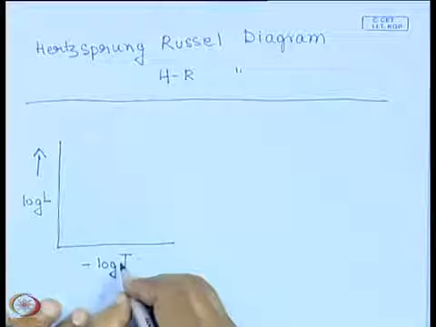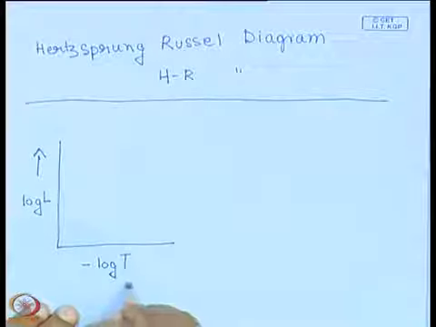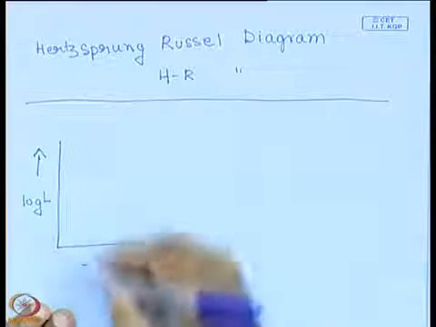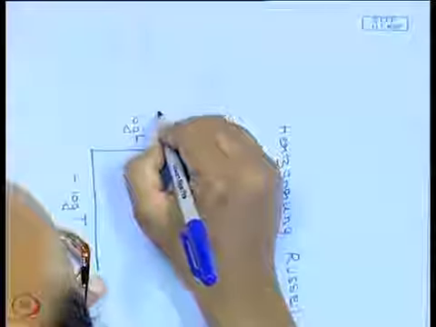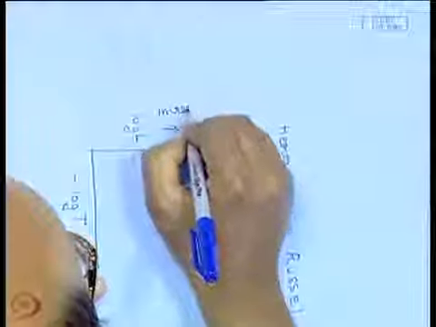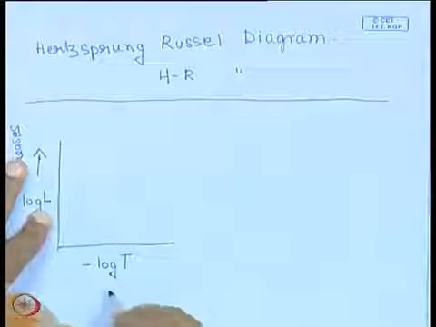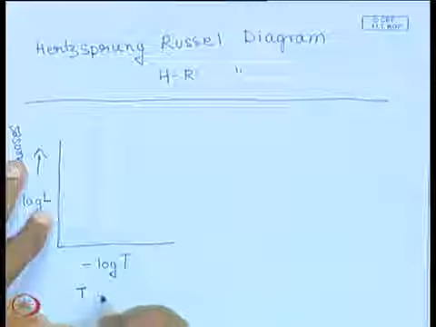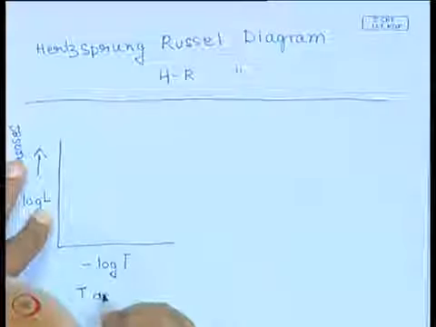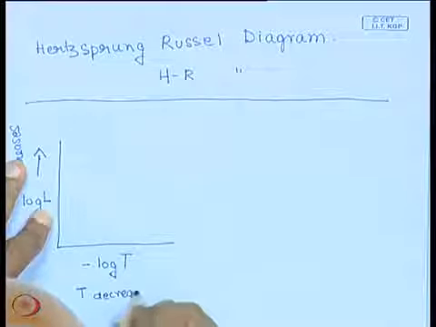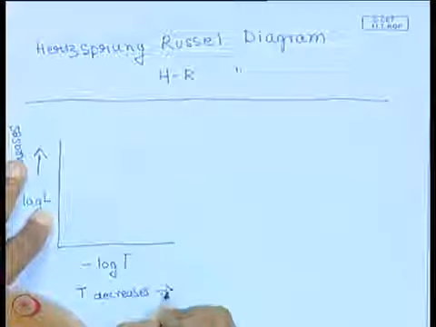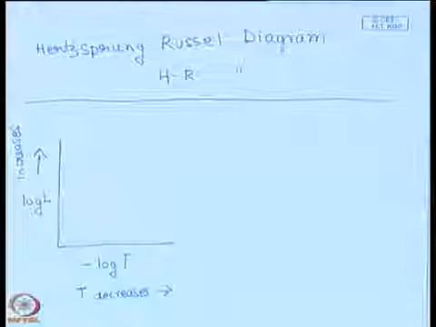So, the temperature decreases in this direction, it increases this way. The luminosity L increases in this direction, and T decreases in this direction, because it is minus log T which is plotted.